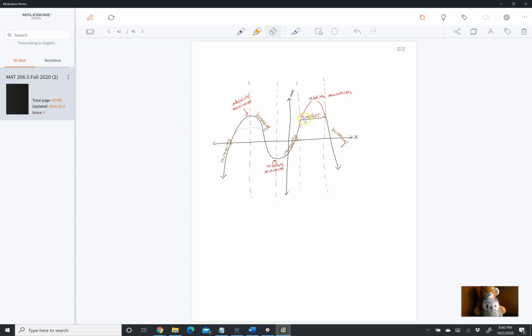This is now lower than that one. That would mean that this would be a relative maximum and these would be absolute. That's the only time that you could wind up with two absolute maximums, okay? Is if your absolute maximum is like a constant.